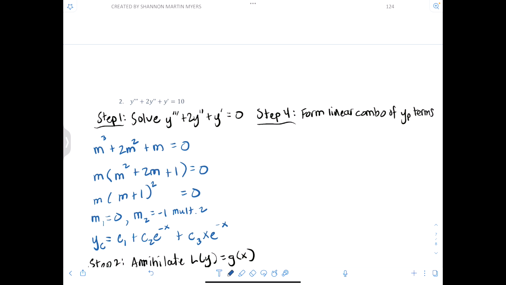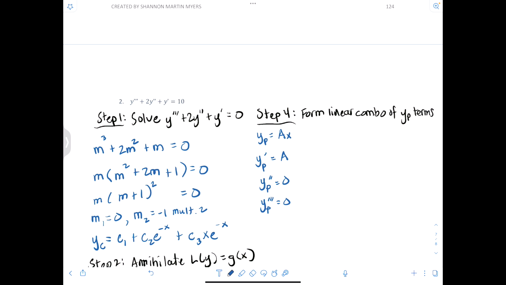So our YP is just going to be A times X. So YP prime is A and YP double prime is 0. And of course, YP triple prime will be 0 as well.